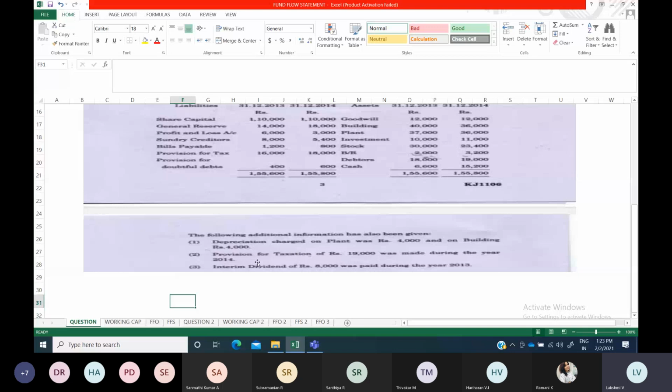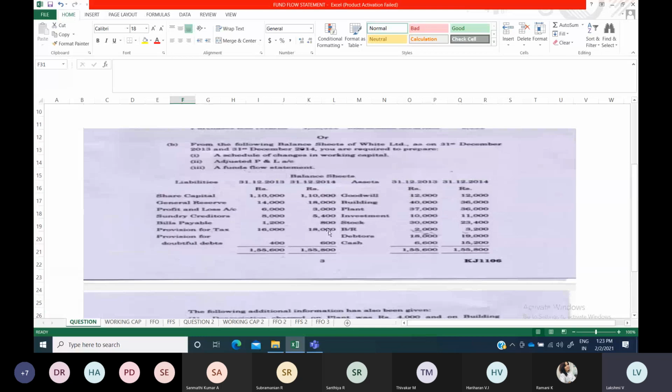If nothing is given, then find the difference amount and put it on the debit side of your adjusted P&L account, as you do for general reserve and goodwill. If it is mentioned under the current liabilities heading, treat it as a current liability, or else consider it a non-current liability and take it to the adjusted P&L account.